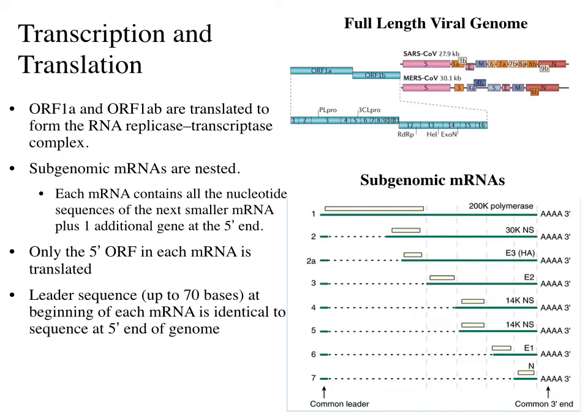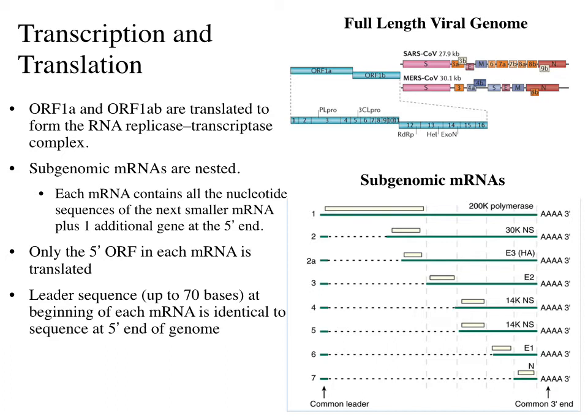In this process, subgenomic minus sense RNAs are synthesized by combining various lengths of the 3' end of the genome with the 5' leader sequence necessary for translation. These subgenomic negative sense RNAs are then transcribed into subgenomic positive sense messenger RNAs.